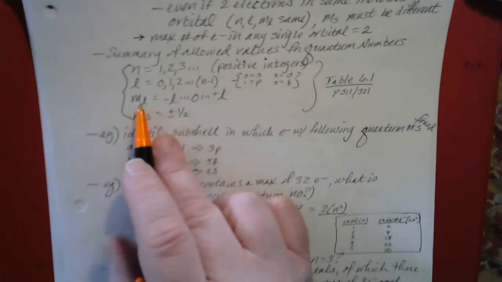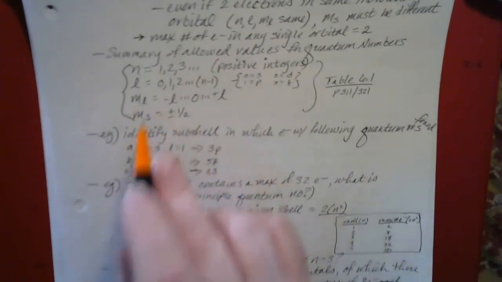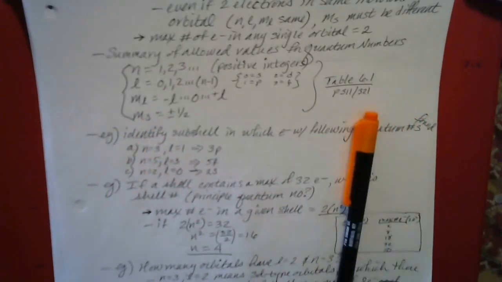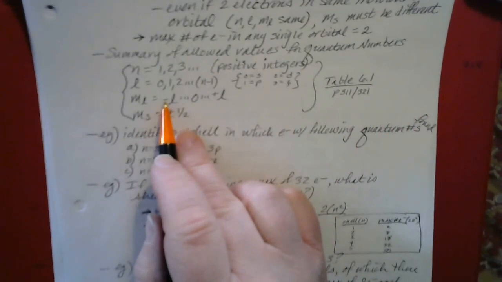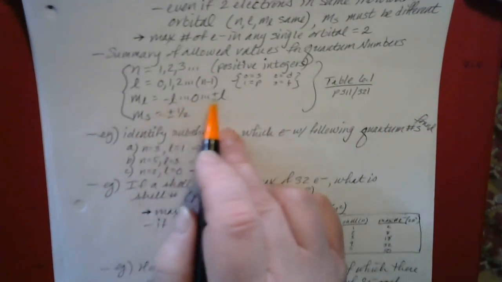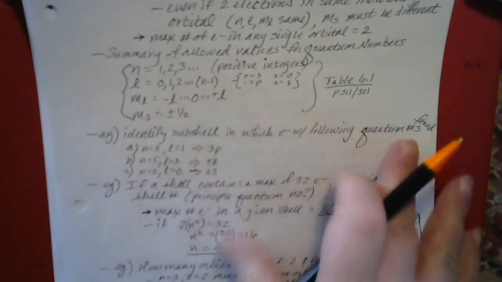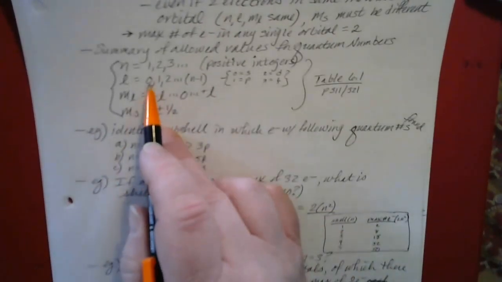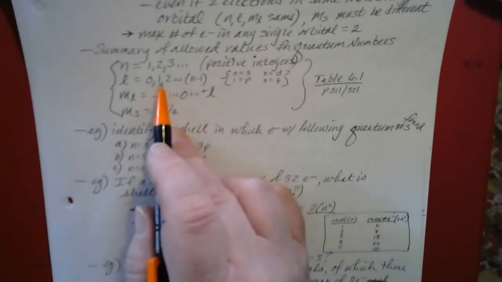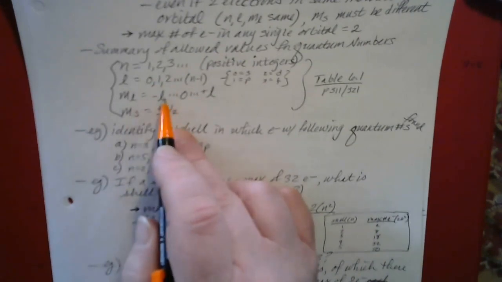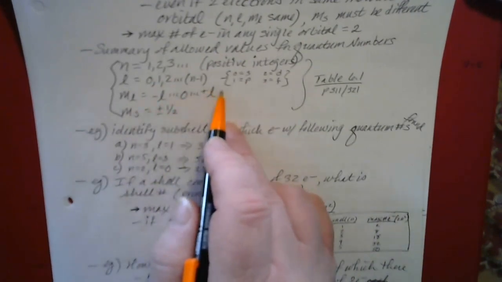M sub L, the quantum number that tells you which specific orbital of a given type the electron is in, has values that can range anywhere from -L up to +L, but other values are not allowed. So if L is 0, then 0 is the only possible value for M sub L. If L is 1, then M sub L can be -1, 0, or +1.